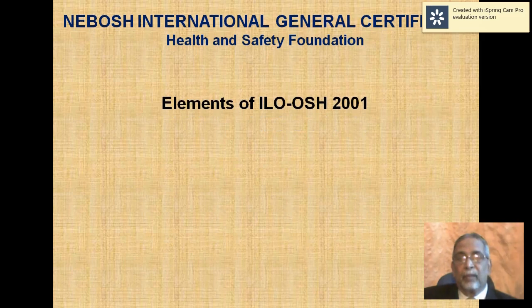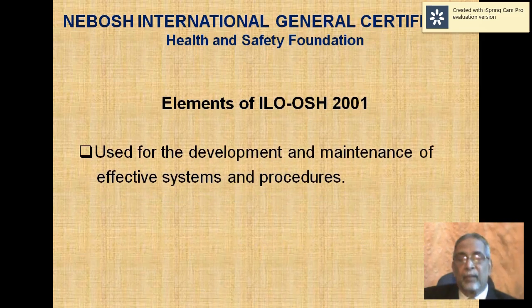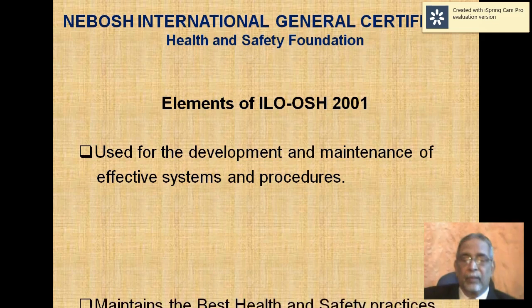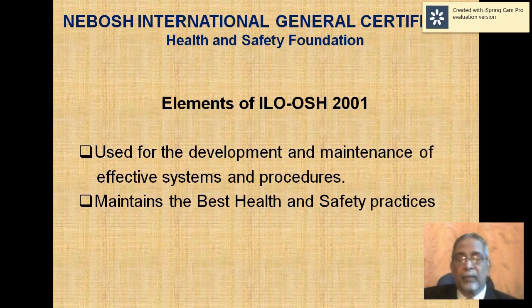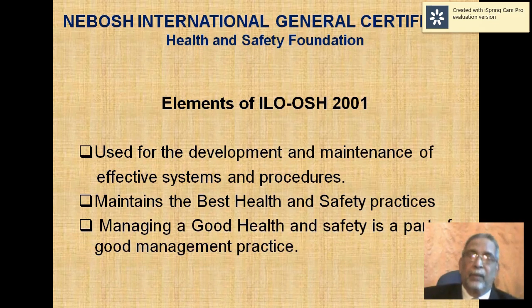Elements of ILO-OSH 2001. These elements are used for the development and maintenance of effective systems and procedures. It maintains the best health and safety practices. Managing good health and safety is a part of good management practice.